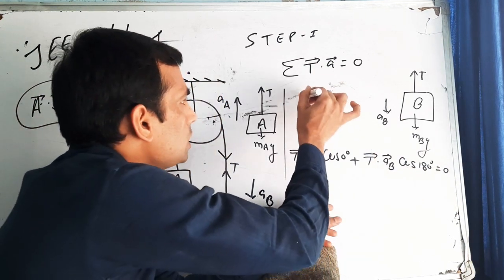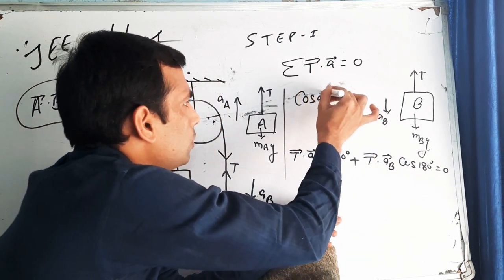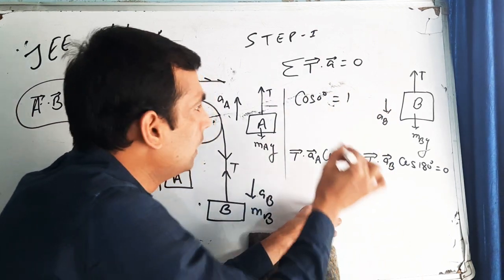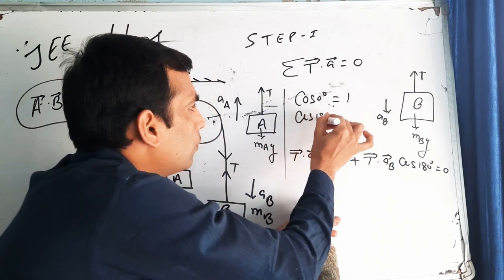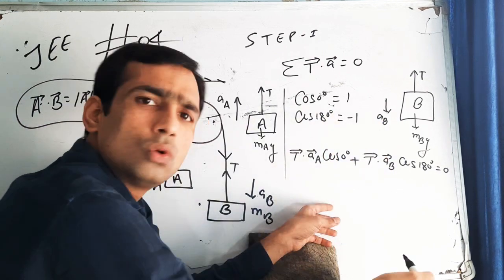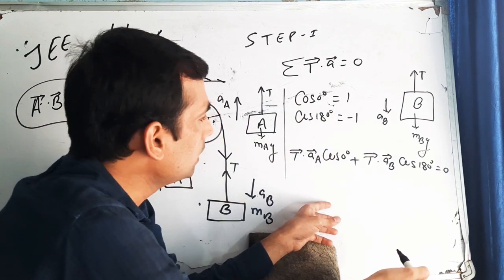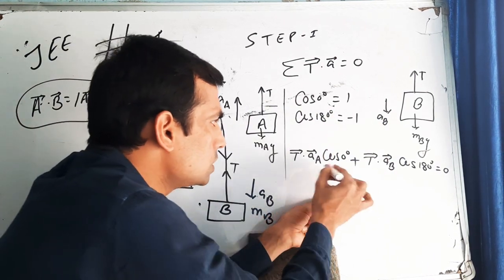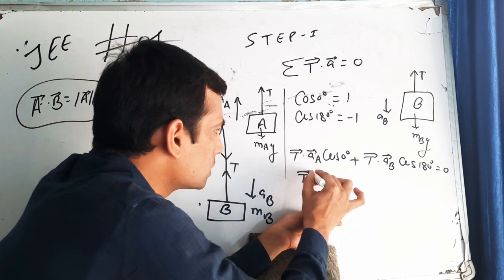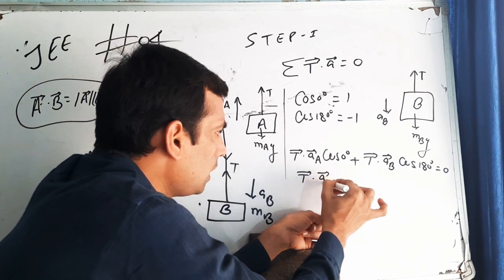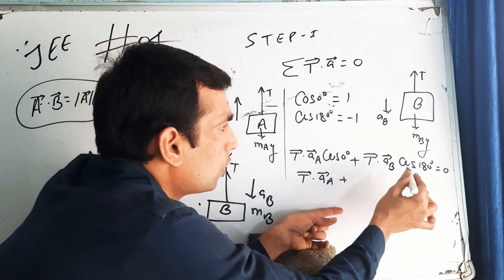Cos of 0 degree is equal to 1 and cos of 180 degree is equal to minus 1, right student? So now we can apply cos 0 as 1. So this is T dot A plus cos 180 as minus 1.